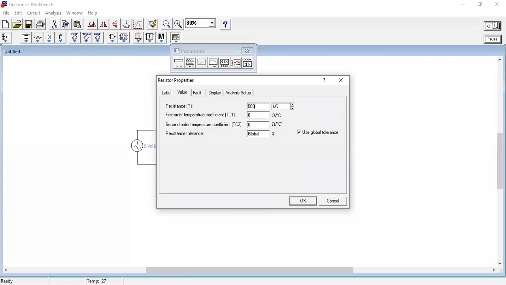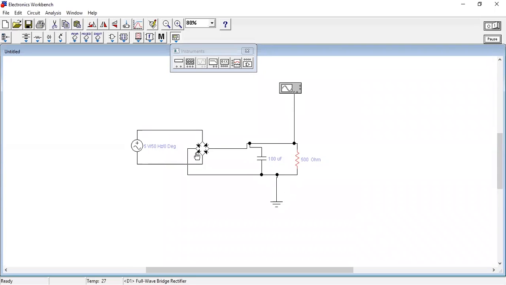I think you can expand the CRO screen, you can expand it in your software.